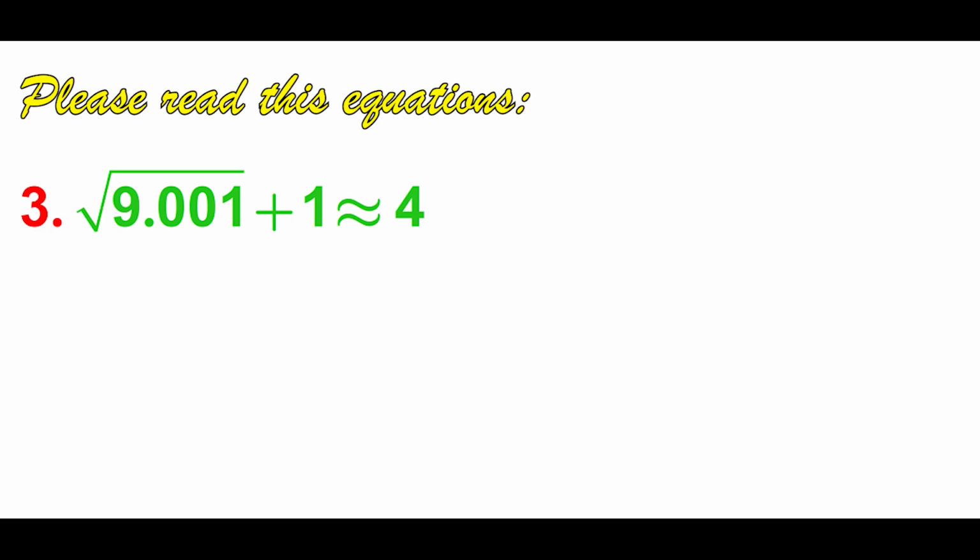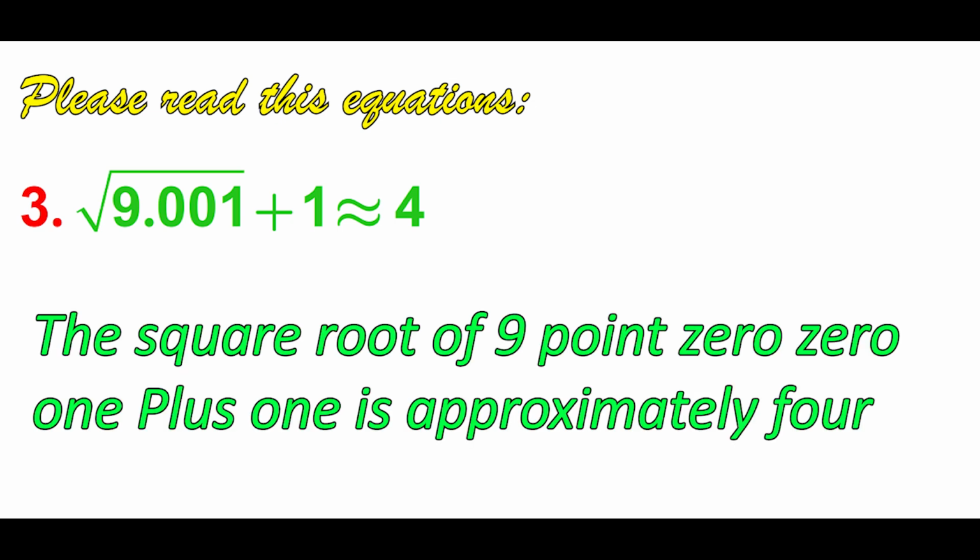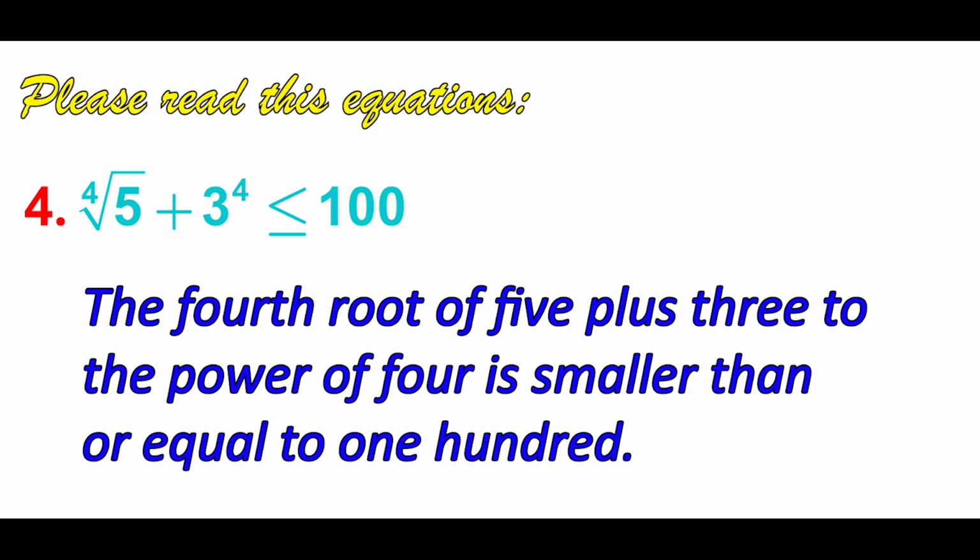The answer is the square root of 9.001 plus 1 is approximately 4. Number 4, please read this. The 4th root of 5 plus 3 to the power of 4 is smaller than or equal to 100.